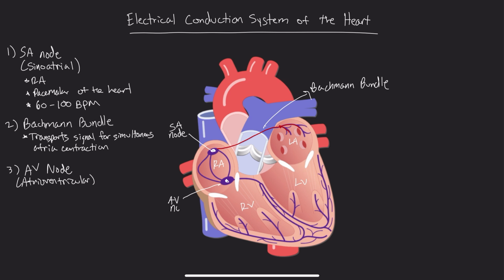This is our AV node. Okay, and as far as function for the AV node, it's going to briefly delay the signal from the SA node before sending it into the ventricles, and this just allows the ventricles more time to fill. So we'll write that here.